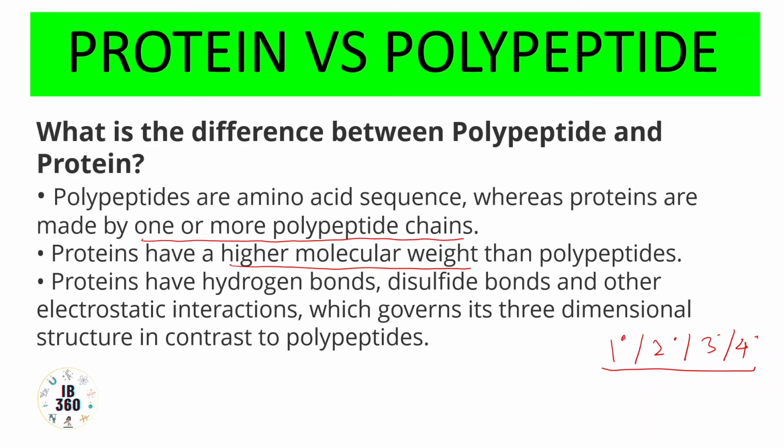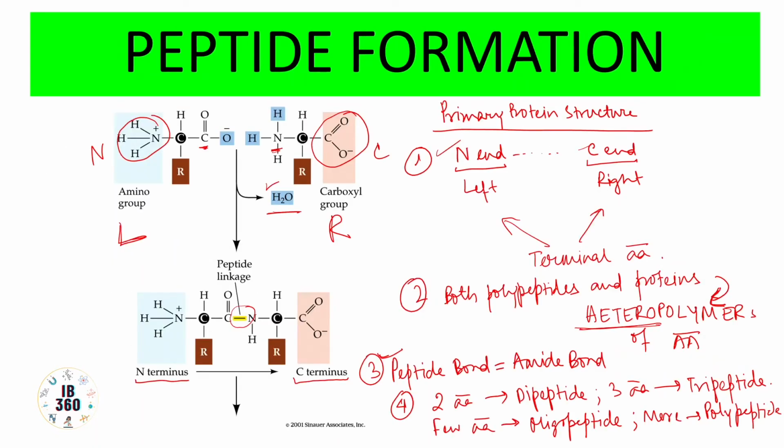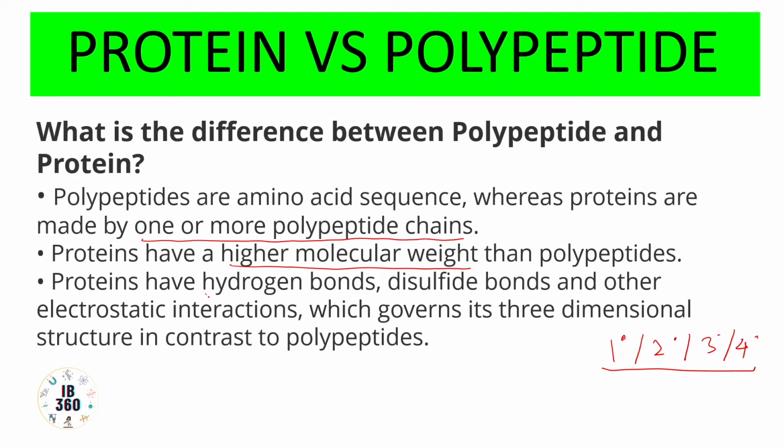So they will involve other bond formations also, other than the condensation, other than this particular bond, the peptide linkage. There would be other kinds of bonds like hydrogen bonds or disulfide bonds, other electrostatic interactions, and these bonds can be intramolecular or sometimes intermolecular also.